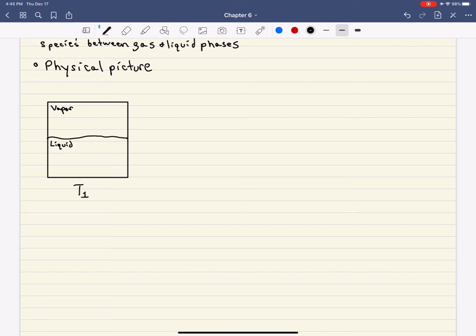Now, in the liquid phase, let's say we have an equal molar amount of A molecules and B molecules. Okay, so we have 4 A molecules here and 4 B molecules as well.